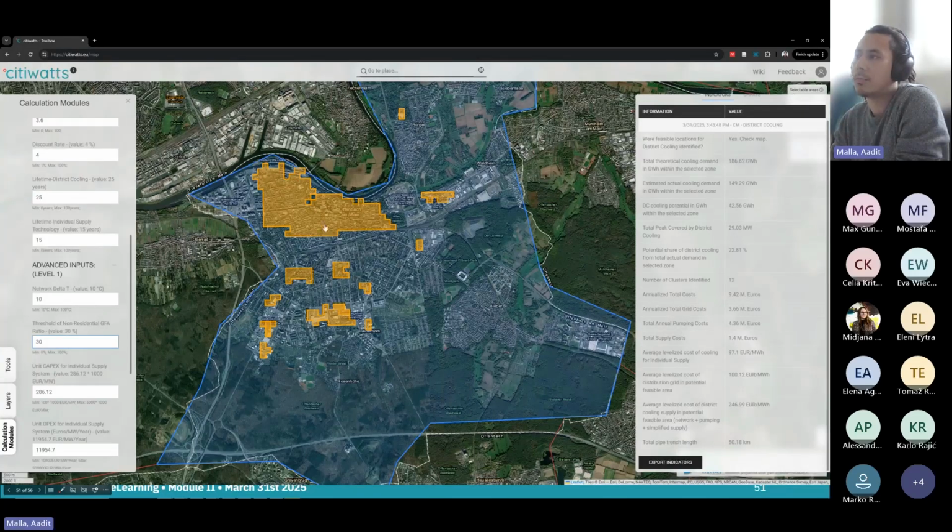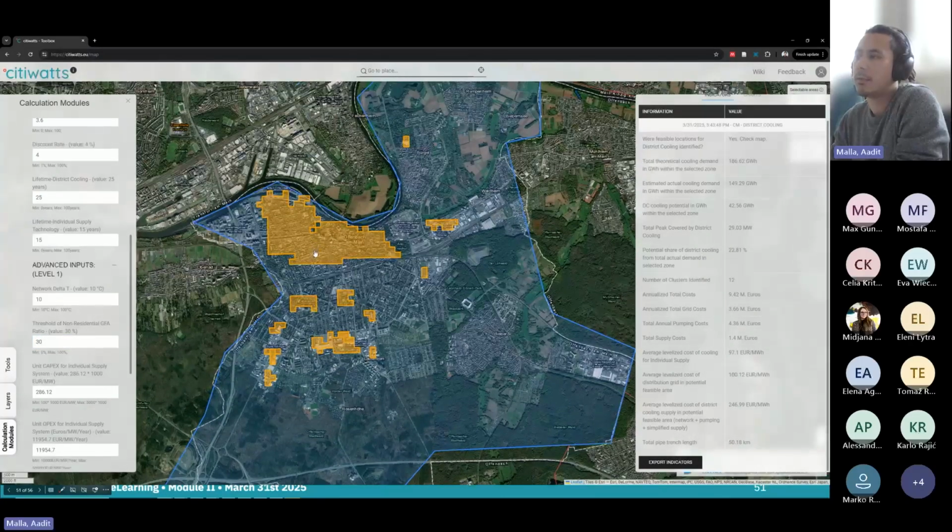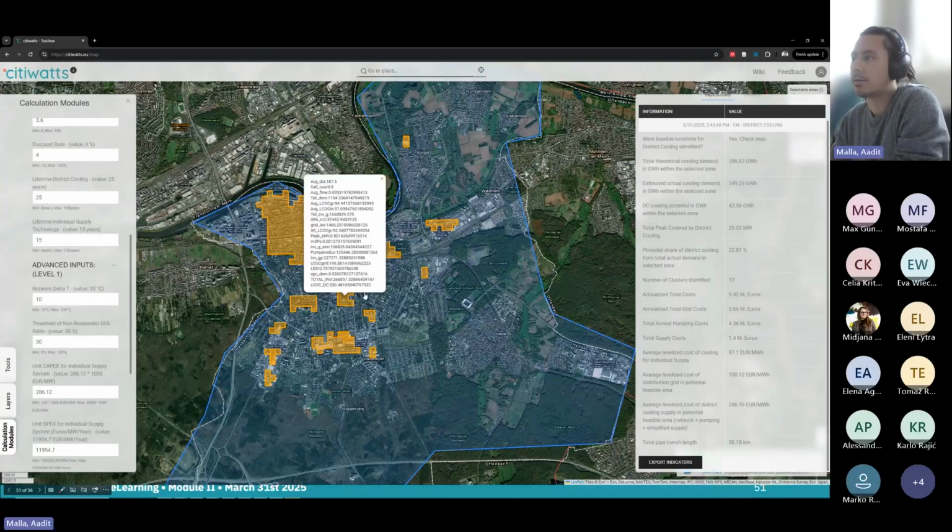So even some residential buildings, which were most likely not considered in the previous run, are being considered for potential location, potential grid. And as such, the combination of electricity price change and the threshold change made these areas more feasible. And of course, as I mentioned, you can click on these regions to identify different individual parameters, but also go to the layers tab to download the layer.